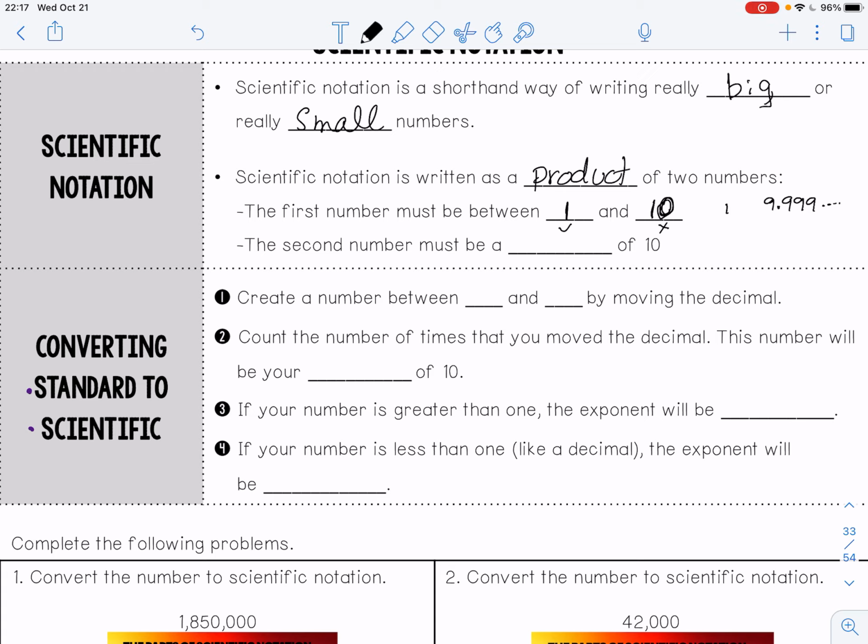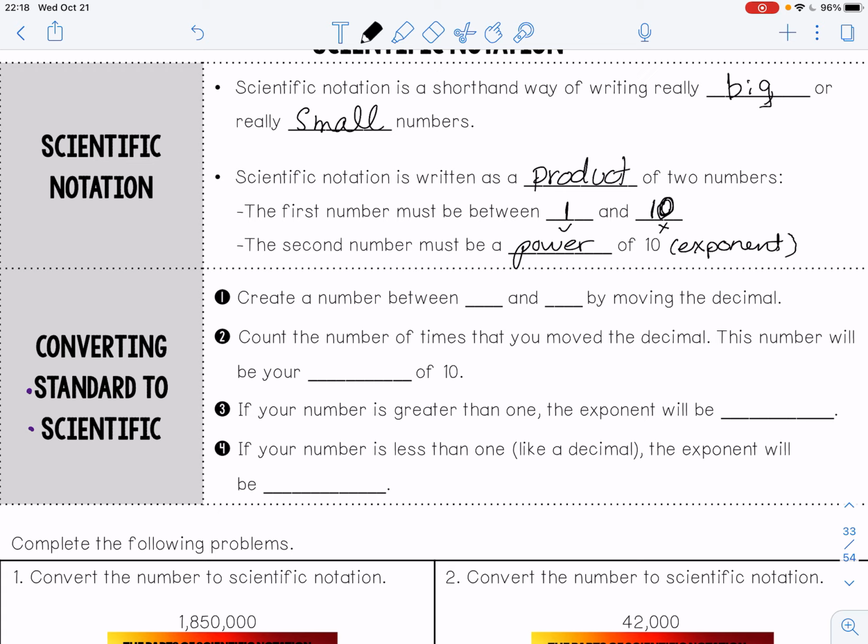Okay, so really it's 1 through 9.9999999, etc. So that's what we mean by it can be 1, but it can't actually be 10. All right, and then the second number must be a power or exponent of 10.